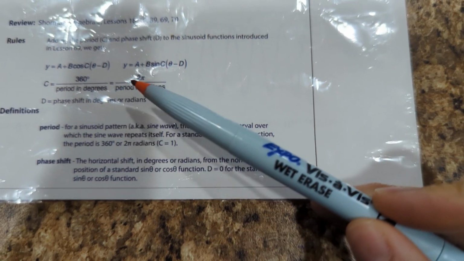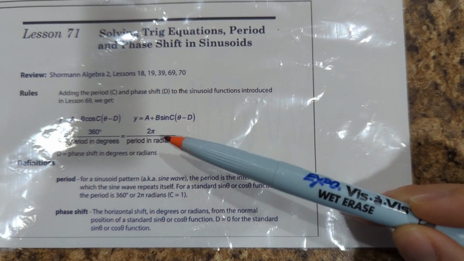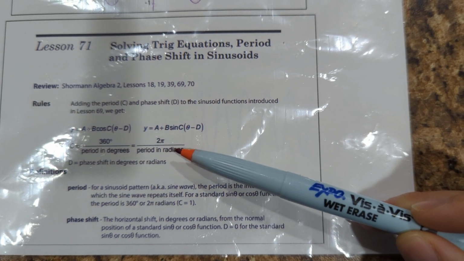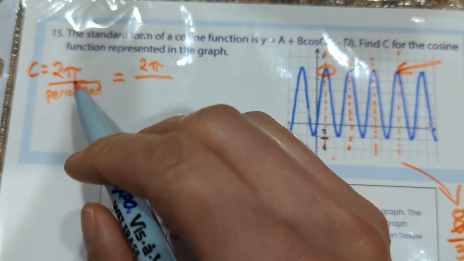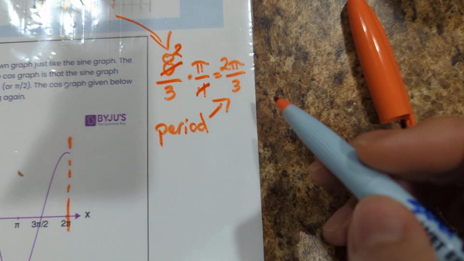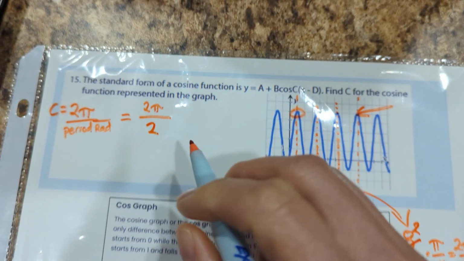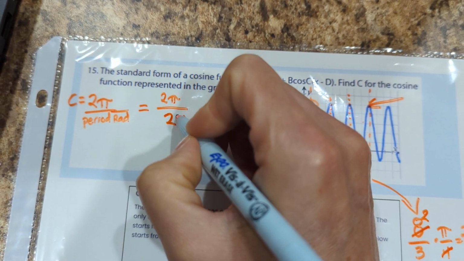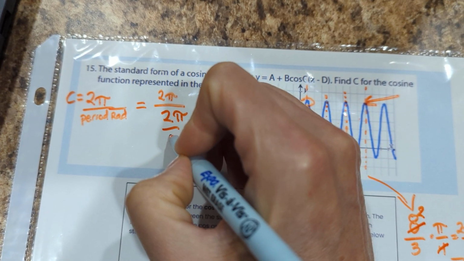To find C, you need 2 pi over the period in radians. So we have 2 pi over the period in radians. Again, our period in radians is 2 pi over 3.